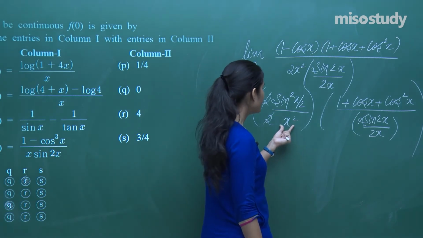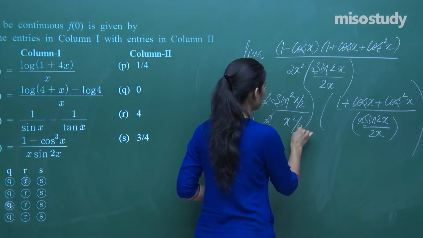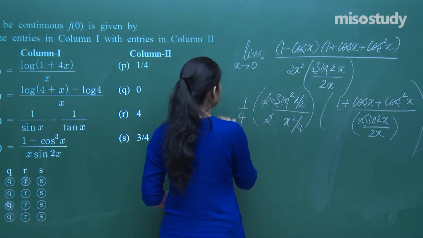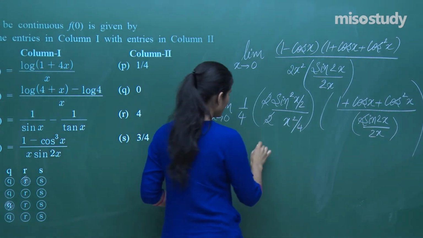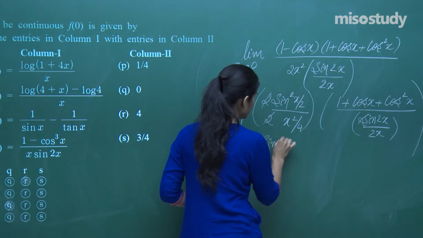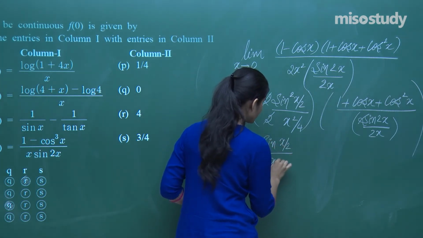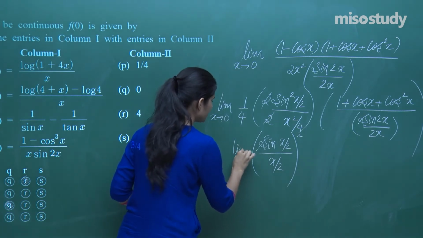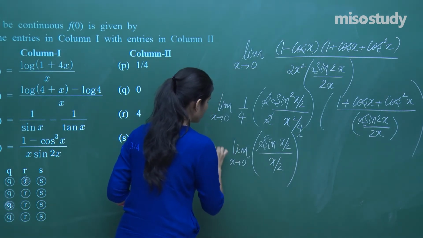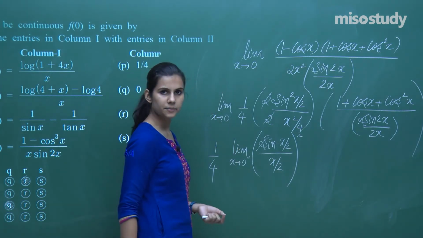Now here also I want x by 2, so I'll just divide by 4 and multiply by 4. Now I'm left with sin x by 2 upon x by 2 whole square, limit as x approaches 0, 1 by 4 is outside.